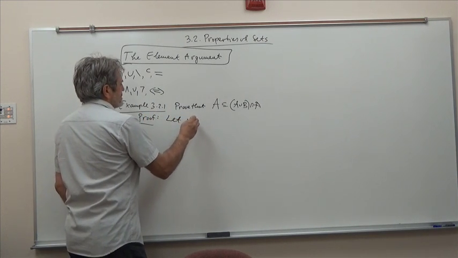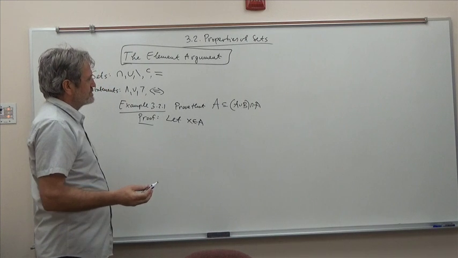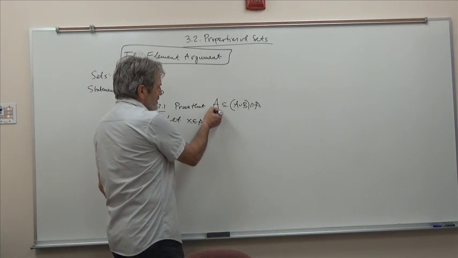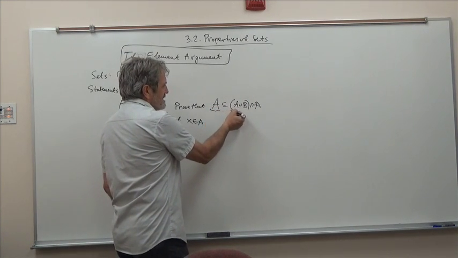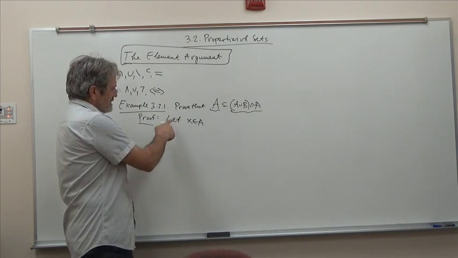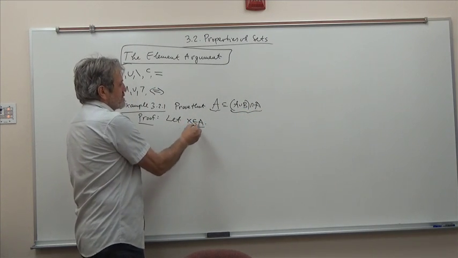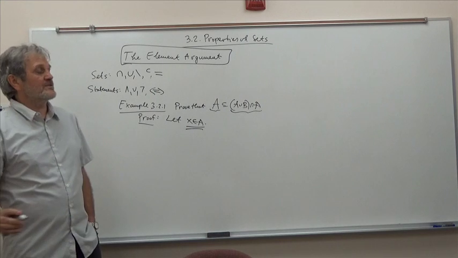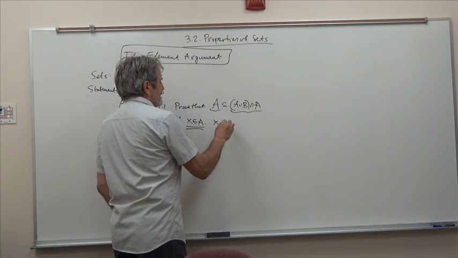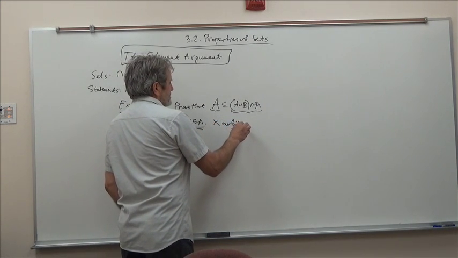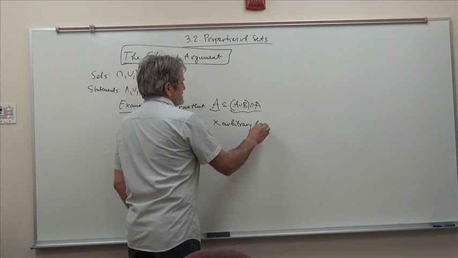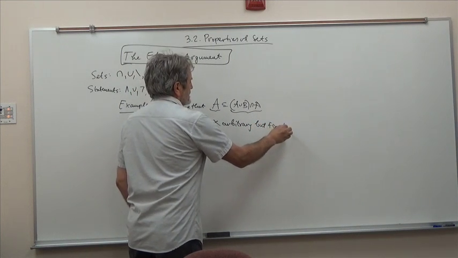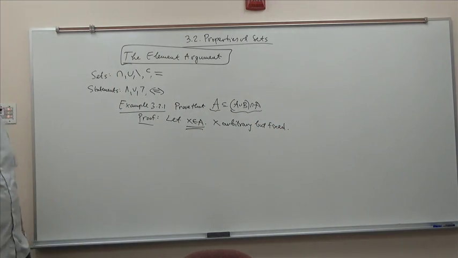Let x belong to A. According to the definition of being a subset, we need to show that an arbitrary element from the left side belongs to the right side. So let x belong to A, that's our element argument. You pick an arbitrary element x, arbitrary but fixed. That's the language from Susanna Epp's book. Arbitrary but fixed. And now I talk about that element.